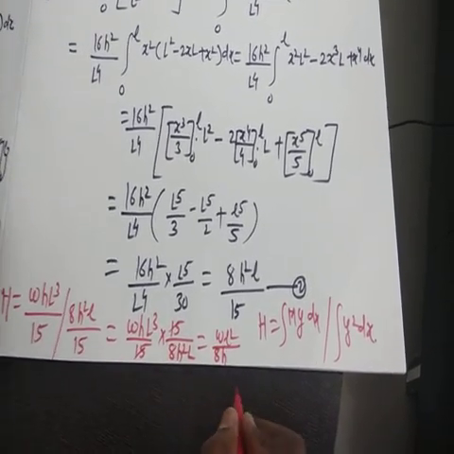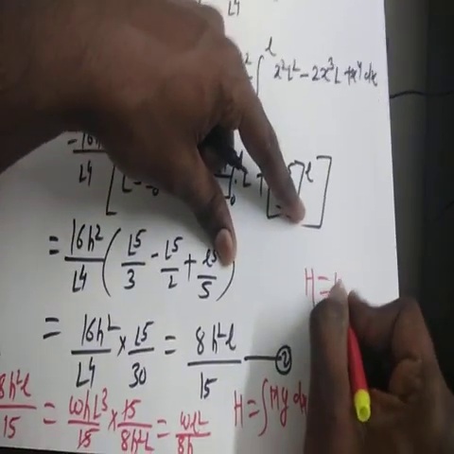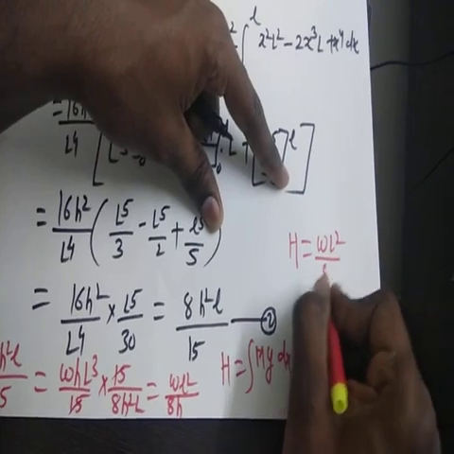So this is the answer, means H is equal to W L square by 8h.